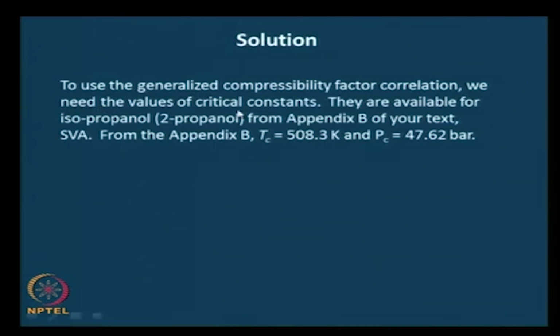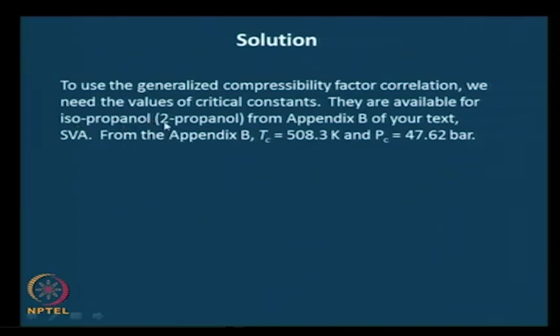To use the generalized compressibility factor correlation, we definitely need the values of the critical constants. You go back and see the relationships, you would know that you would need critical constants, and the critical constants, as we have already seen before, are available in appendix B of your text, and the pure substance that we are looking at is isopropanol.